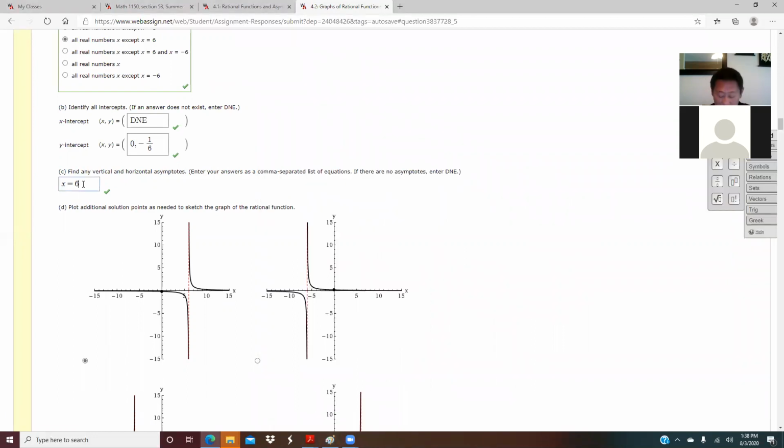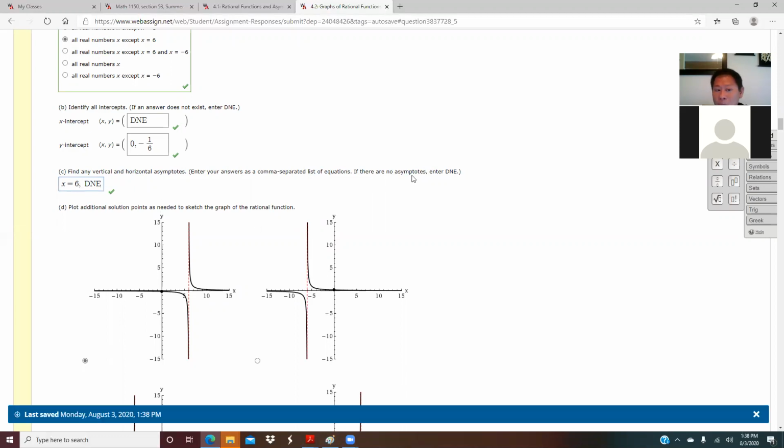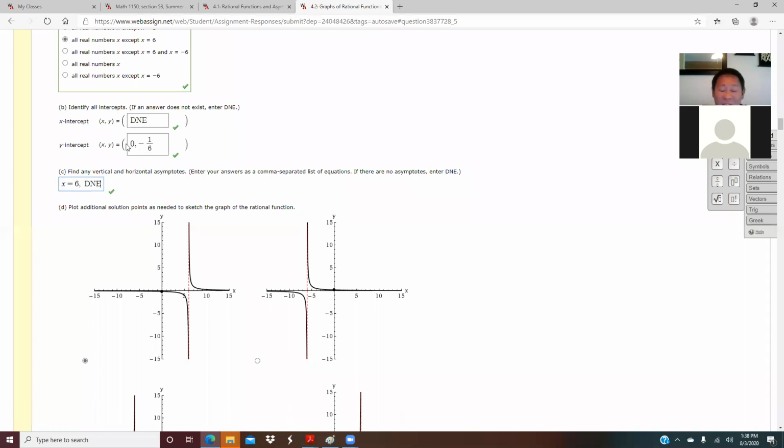Don't put x equals 6 and then DNE. They will mark you wrong. DNE stands for no asymptote, meaning you don't have a vertical and you don't have a horizontal. So DNE only exists when both of these do not exist. So make sure you know how to put your answer here.